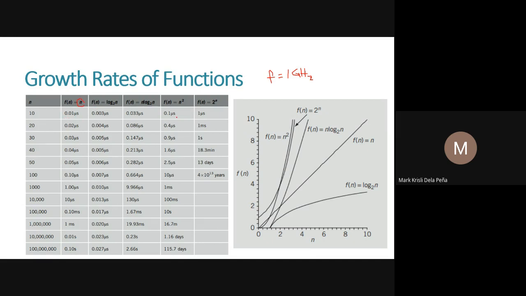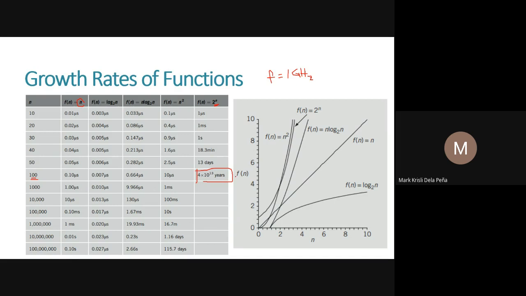Take note here, if you compare the growth rates, if that's an exponential function, even if you only have 100 n's, that would take 4 times 10 to the power of 13 years. A very, very large value.